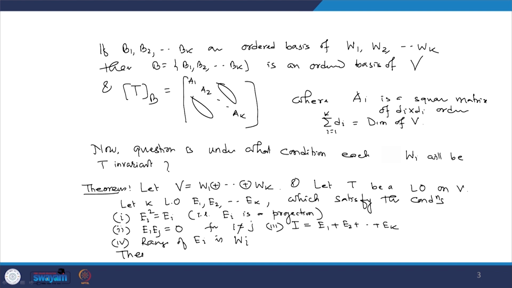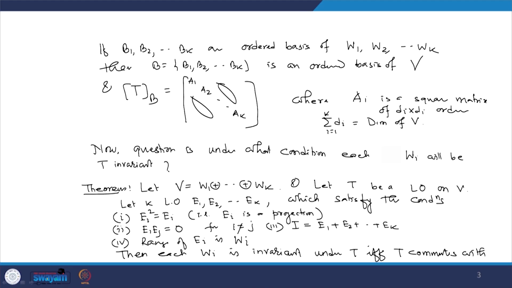Then each Wi is invariant under T if and only if T commutes with each Ei, that is, TEi equal to EiT for i equal to 1 to k.